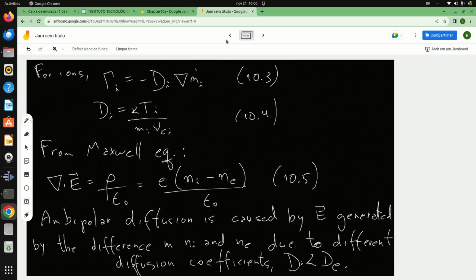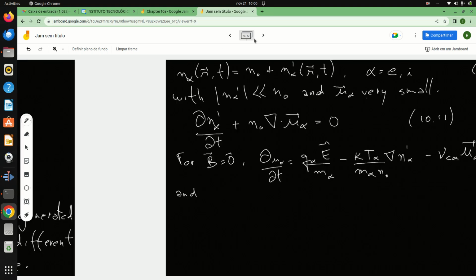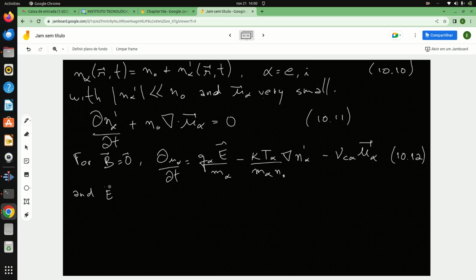And we know that the electric field should satisfy equation 10.5. Here we will consider that the collisional frequency between ions and neutral particles is 0. So the plasma is weakly collisional, and the mean velocity of the neutrals is 0 as well.